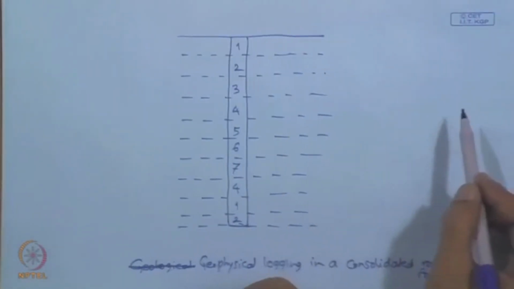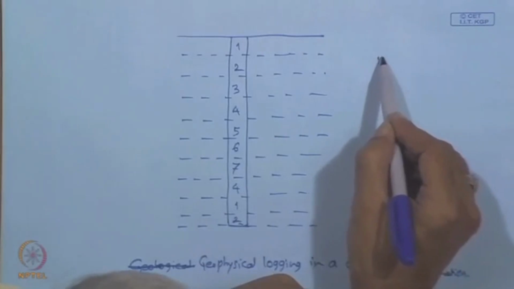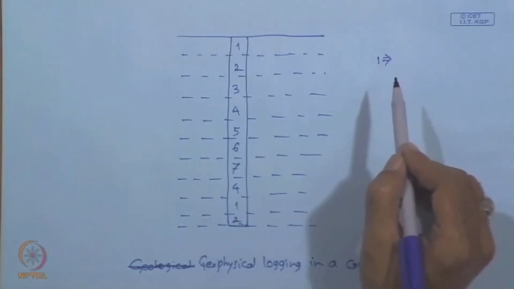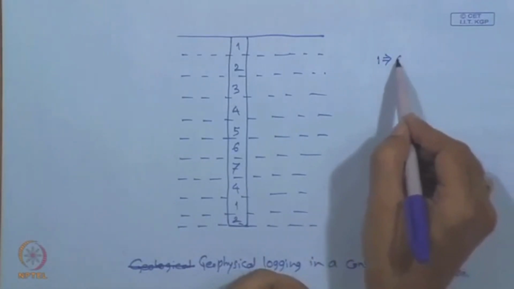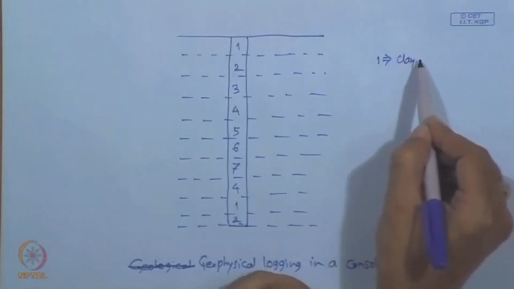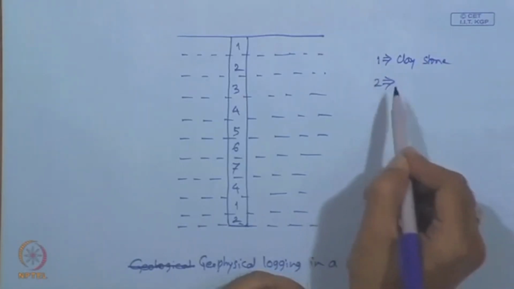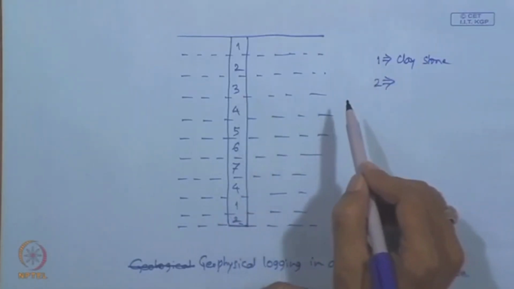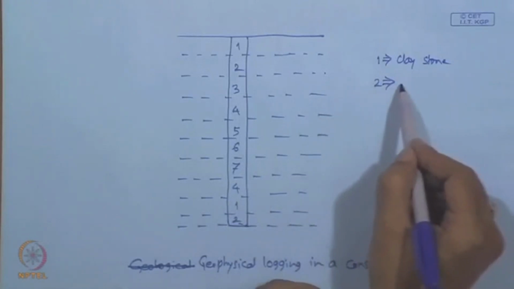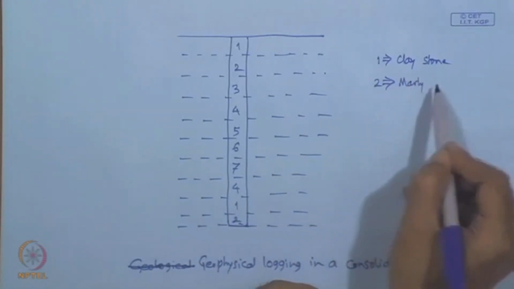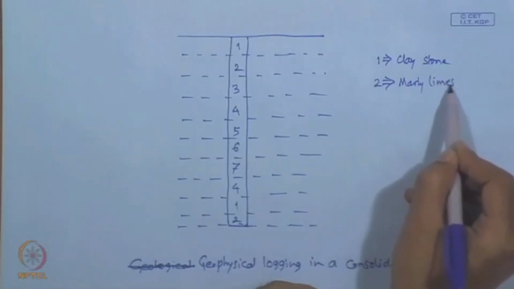Here 1 represents clay or claystone. Formation number 2 represents marly limestone.